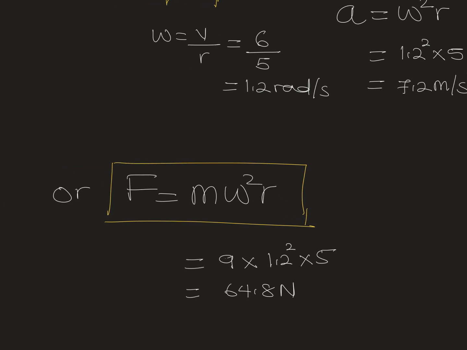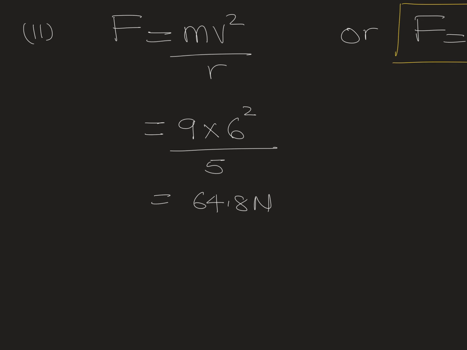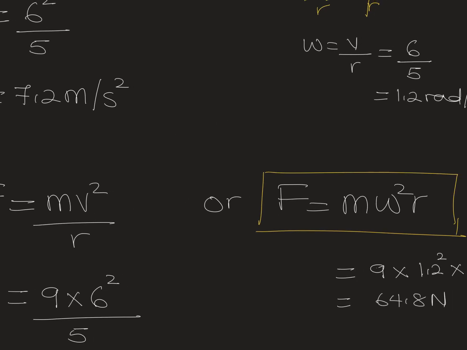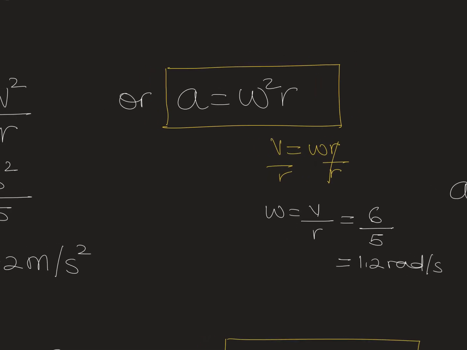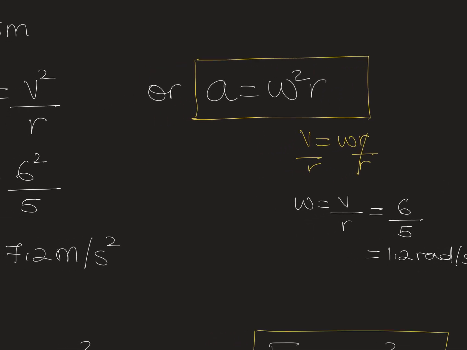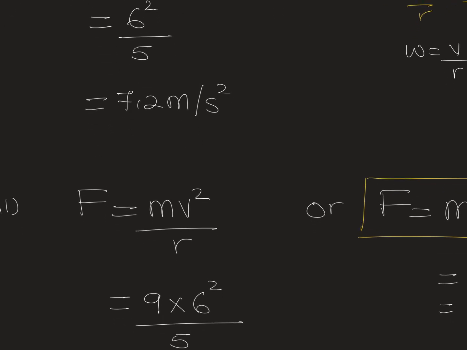So as you can see, you have different ways of calculating the centripetal acceleration and the centripetal force. You do not need to show all these different formulae. Just take the one that is direct and get your answer.